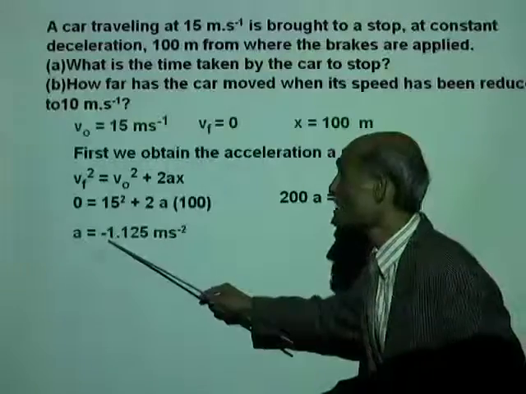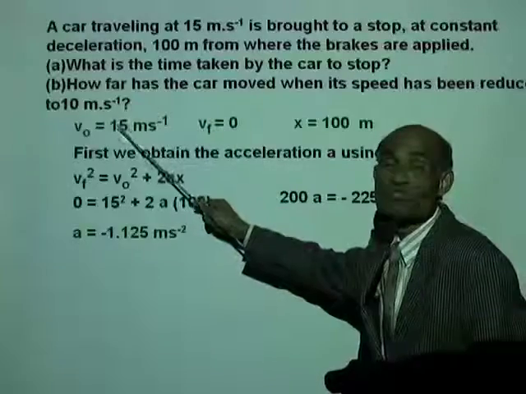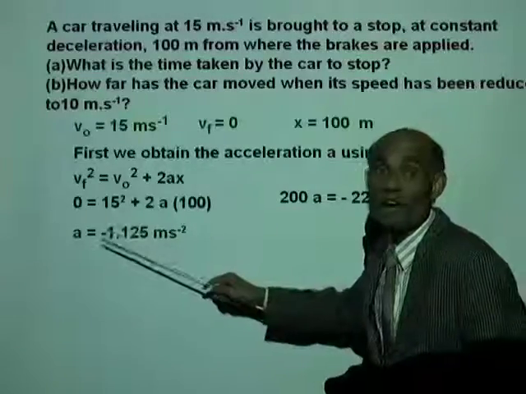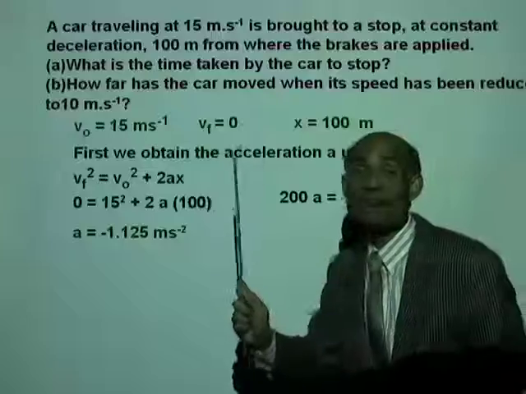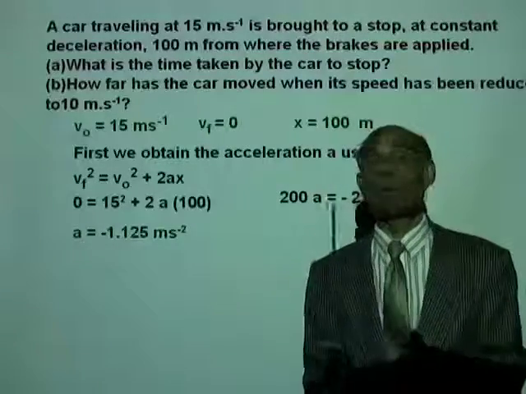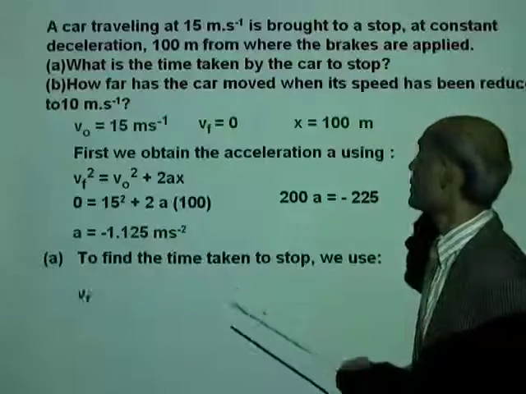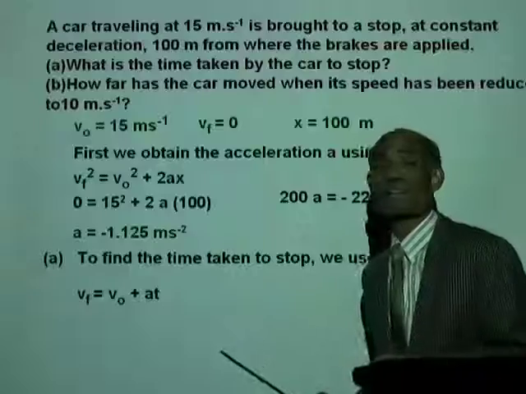Well, once you have the acceleration, we can now use these values of V0 and Vf and this A to find your time using what equation? Equation number 1. Vf equal to V0 plus AT.